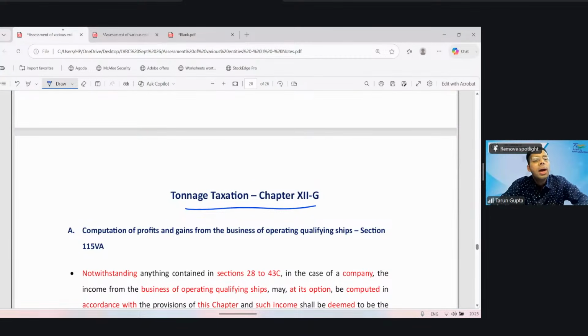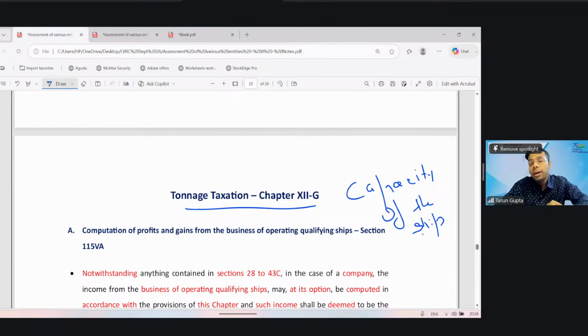In this, whatever the shipping companies earn from freight by carriage of passengers or goods or material, as the case may be, is not taxed. The income is dependent upon the capacity of the ship.